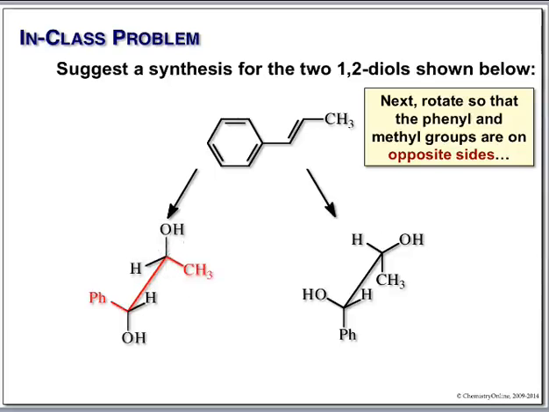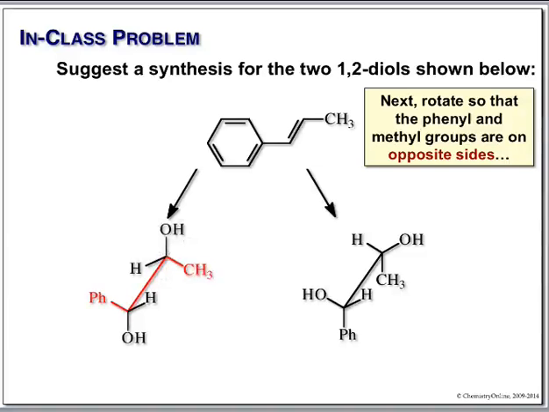Look at what we've done. We moved the methyl up, moved the hydroxyl up, moved the hydrogen down. These two bonds are now parallel, just like they are here. Now you look at your hydroxyl groups.